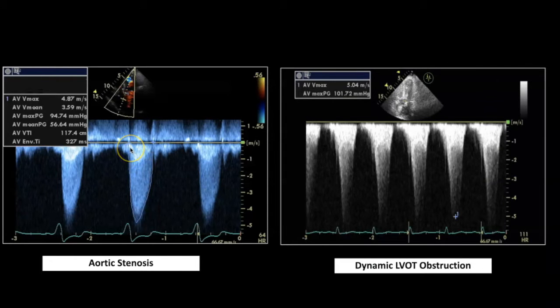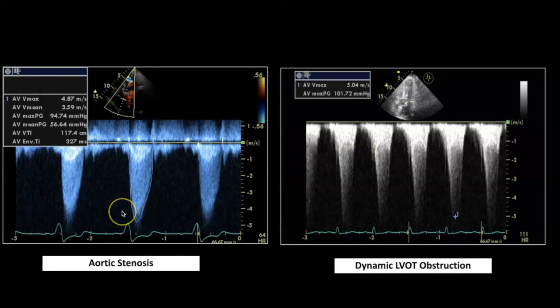Just for the sake of demonstration, this is a spectral display of aortic stenosis, and you can see a symmetrical shape as opposed to the dagger shape in dynamic obstruction. Again, aortic stenosis is a fixed lesion, and this is a dynamic lesion.